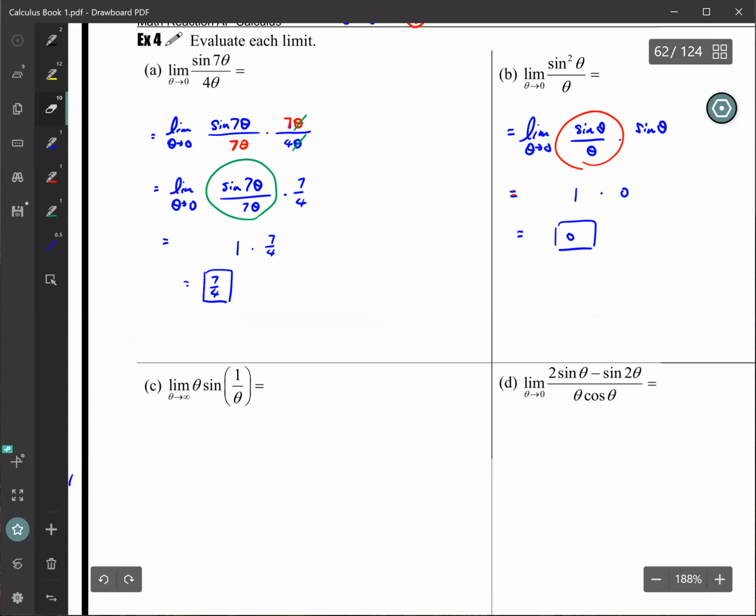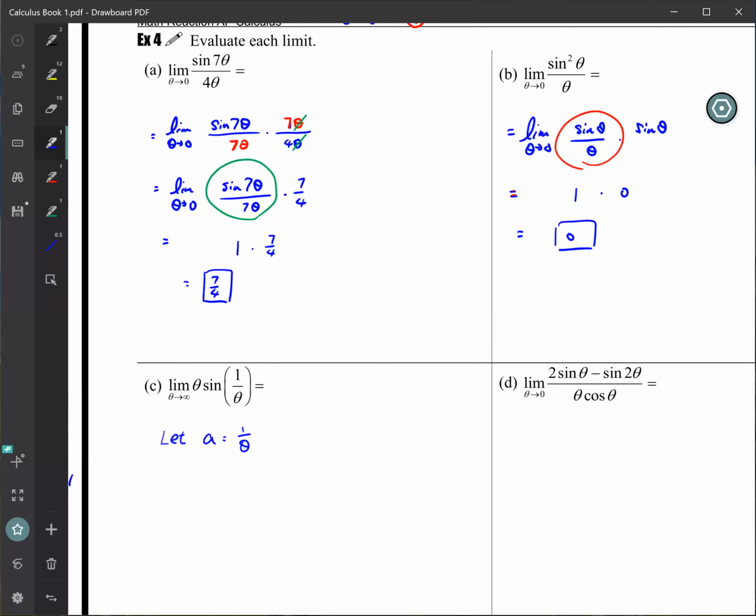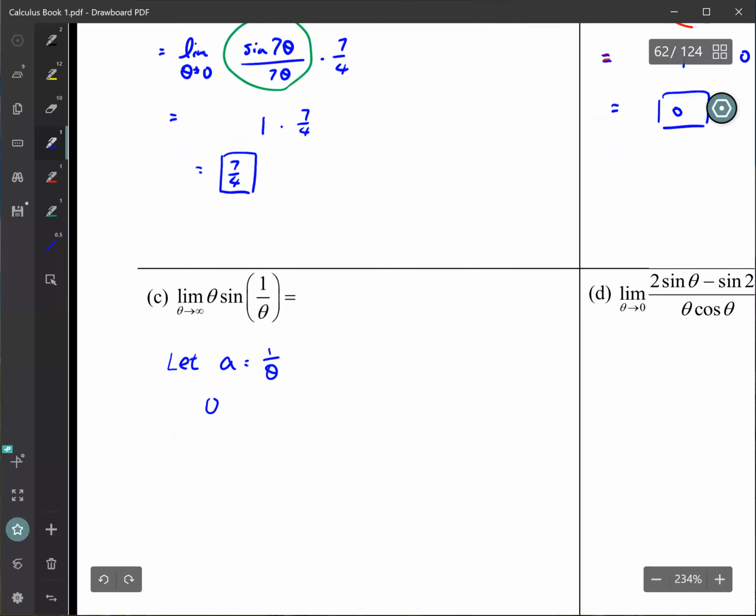We are going to introduce a variable. So I'm going to let A represent 1 over theta, to replace it.